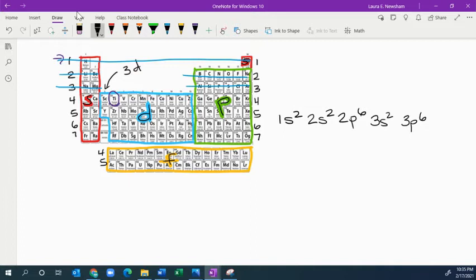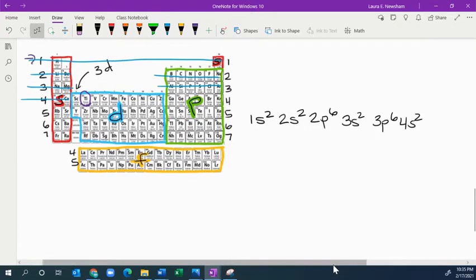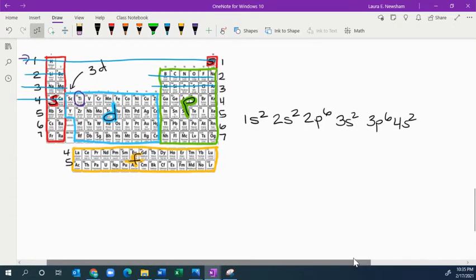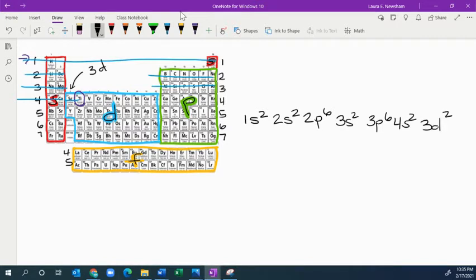Still haven't found good old titanium. 4s2. I'm going to run out of room. And then now I'm in my D. Remember, D goes down an energy level, so it is 3d2.